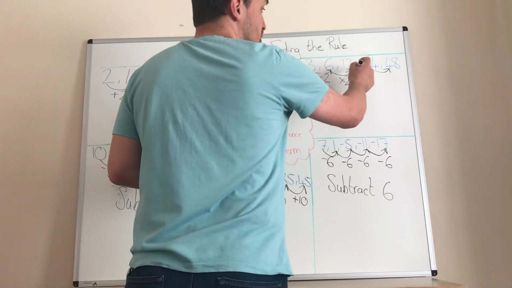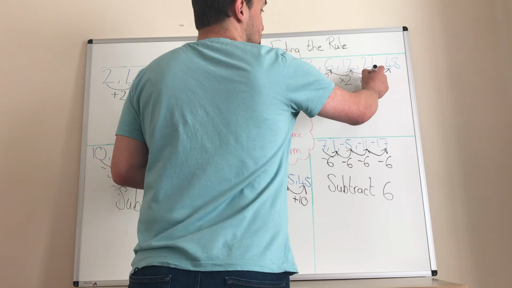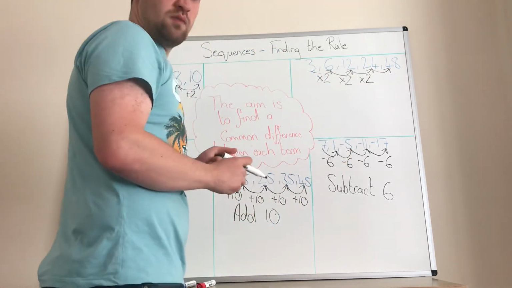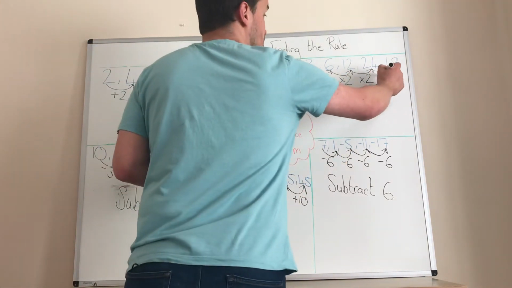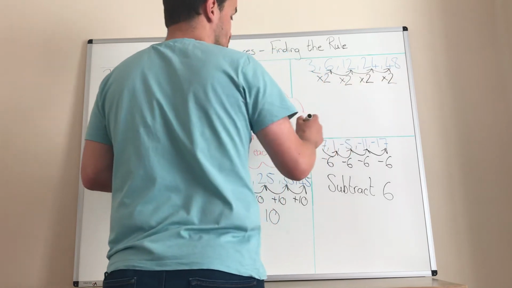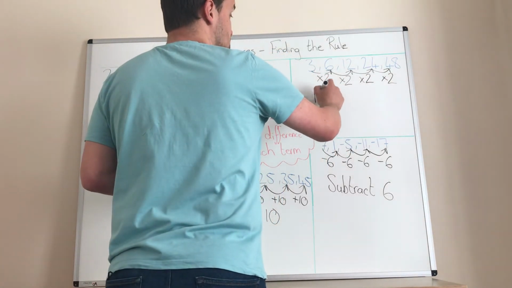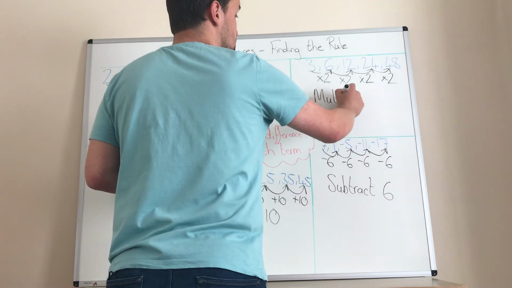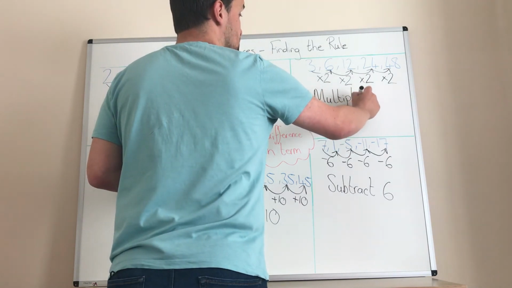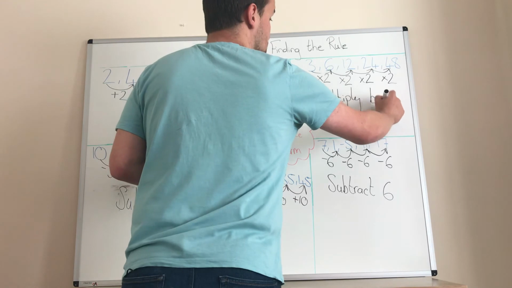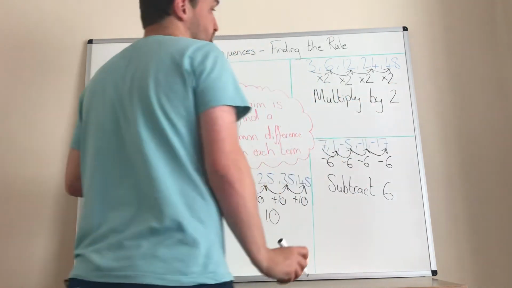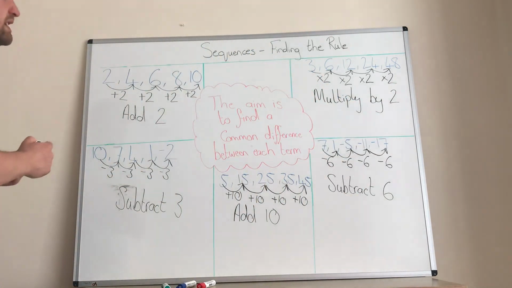To get from 12 to 24, we times by 2, and to get from 24 to 48, we times by 2. So our common rule is that we multiply by 2.